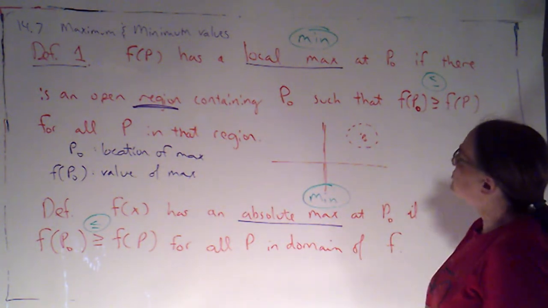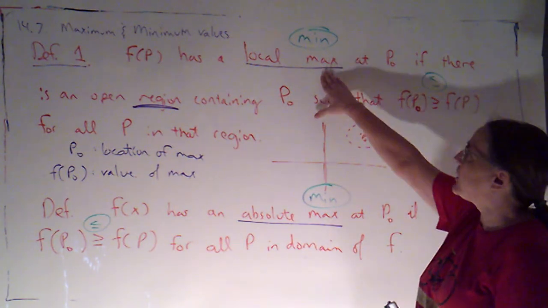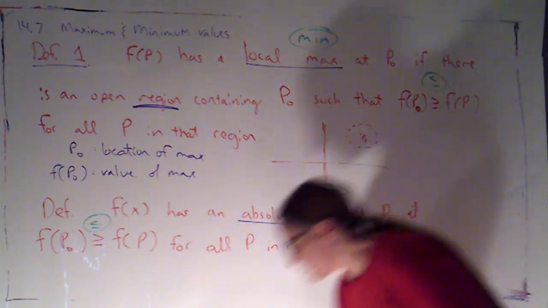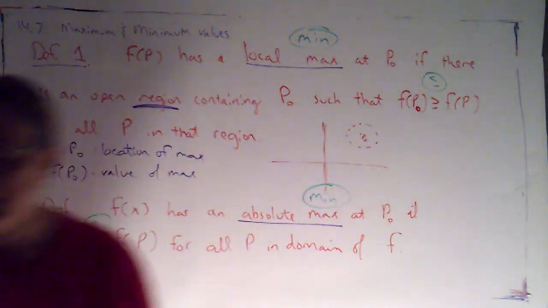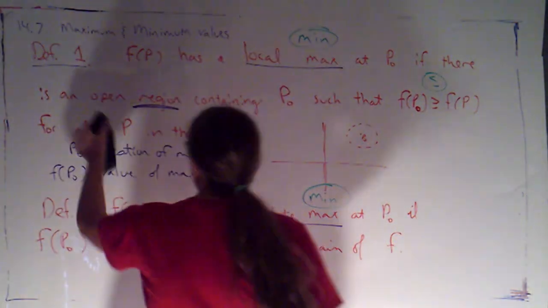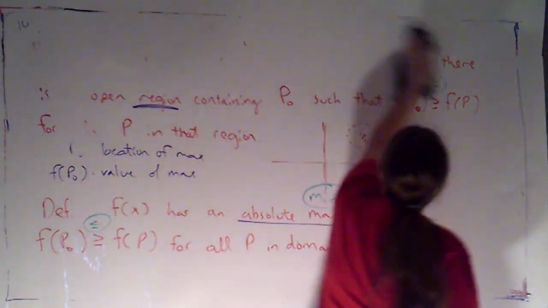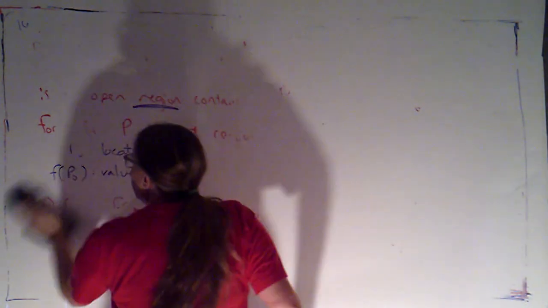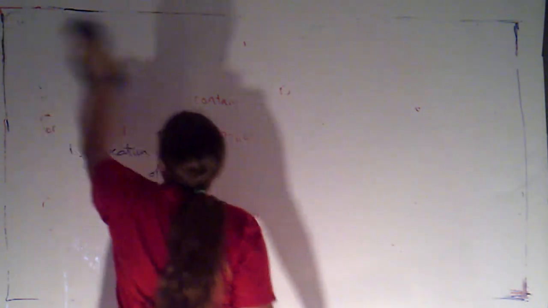We're going to start out by looking for local maxes and mins. Those are also sometimes called relative maxes and mins. And so we want to think about, how do we find out where they would occur? If I think about functions of one variable, if I want to find the relative maxes and mins, I look at critical points.